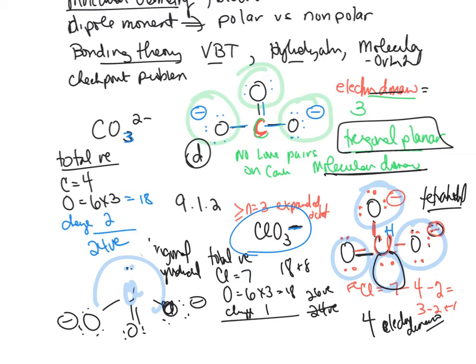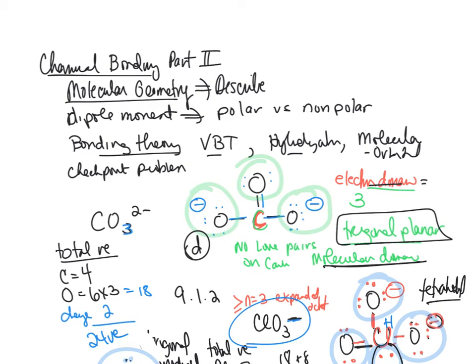Okay, the other thing that we need to talk about are bond angles. And then we're going to talk about molecular polarity. So let's look at 9.1.3 for the bond angles. And what we have here is acetylene. Acetylene is the gas that burns for welding.